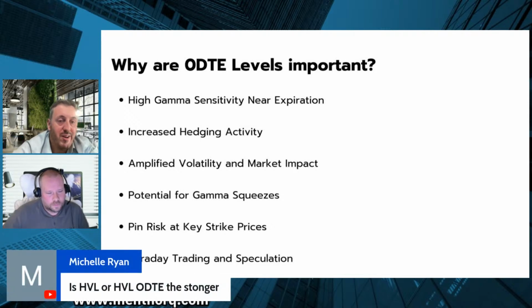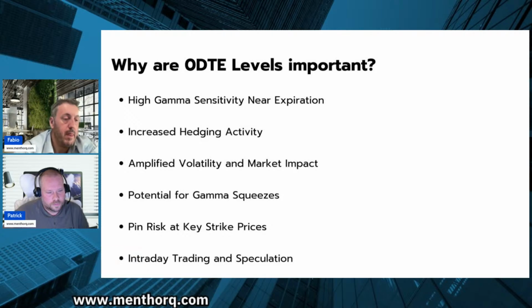Again, Michelle, I wouldn't say that one is stronger than the other, but the zero DTEs can have a strong effect, especially if the price moves towards those levels that have a lot of exposure throughout the day, because there's less time to expiration.